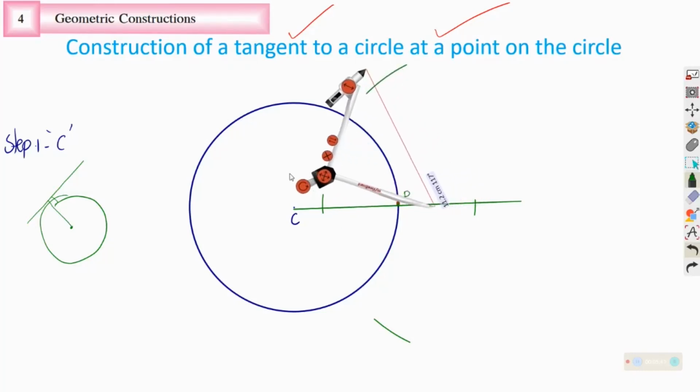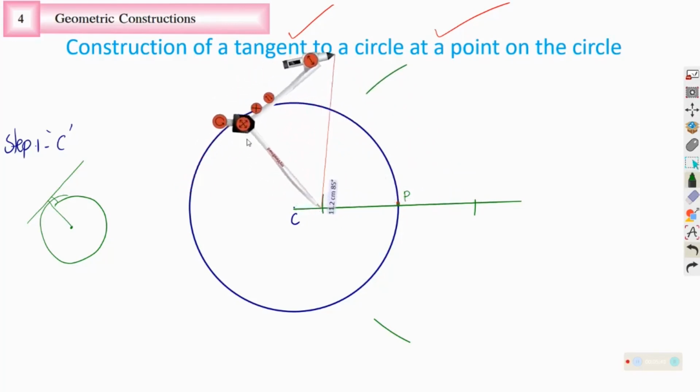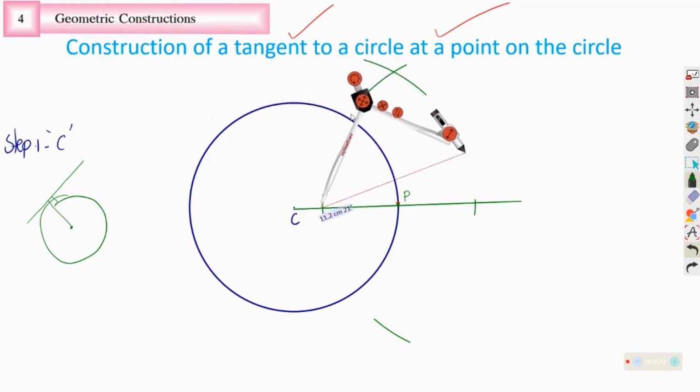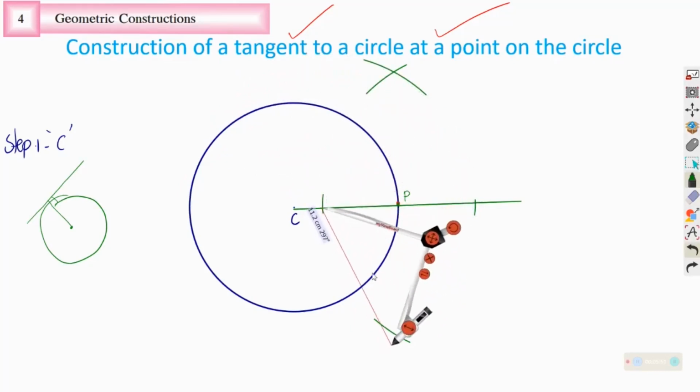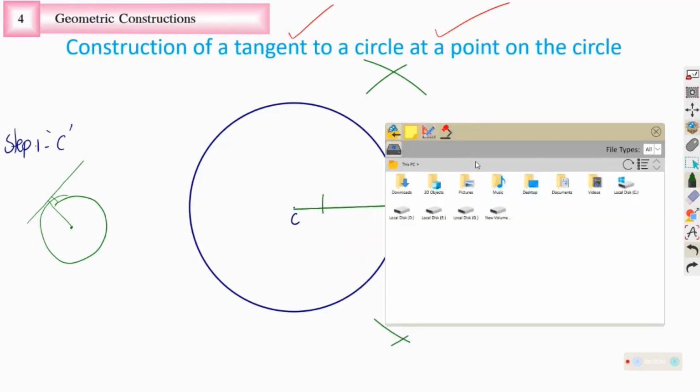Take the compass to the other marking. Don't disturb the compass. Draw an arc. Draw an arc. Remove the compass. Bring the scale.